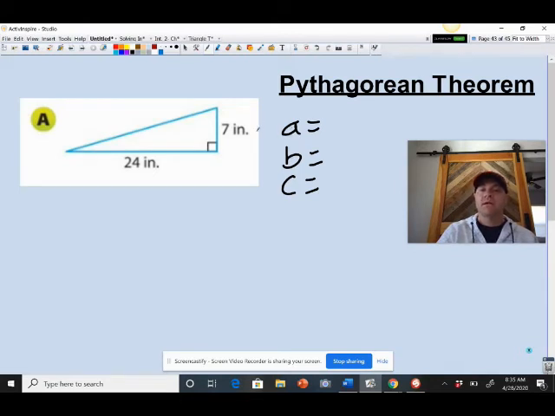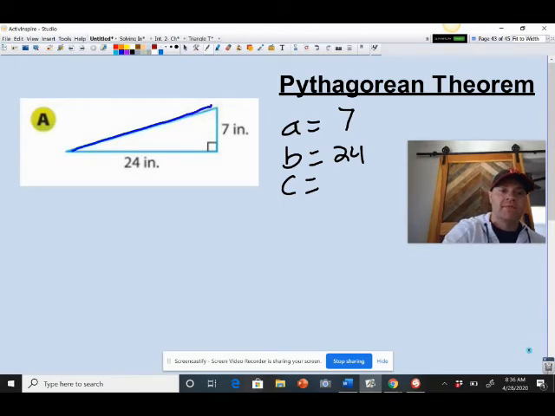So it doesn't matter if 7, which is one of the legs because it forms the right angle, is A or B. It can be either one of those. I'm going to make this 7, and the other leg is going to be B, which in this case is 24, which means I'm solving for C, the hypotenuse. I'm trying to find the length of that side, and we're going to call that C.